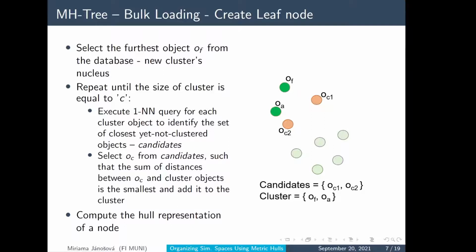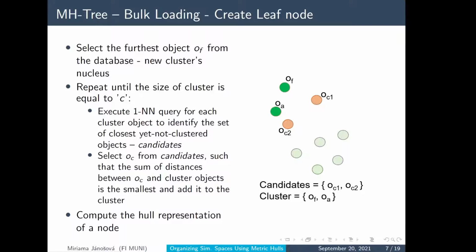We select the object from the candidate set whose sum of distances to the cluster is the smallest to become a part of the cluster. In the image that we provide on the slide, the object OC2 is selected.